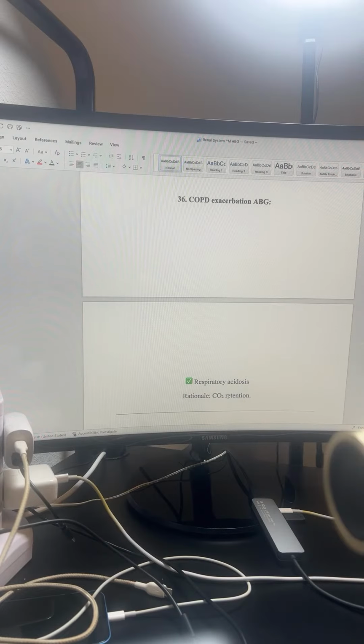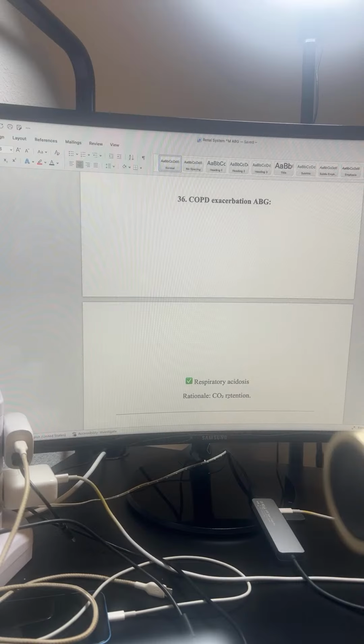So no metabolic, it's not the kidneys. So it is respiratory acidosis. So you have CO2 retention taking place, so the buildup of that acid is going to make the patient acidotic.